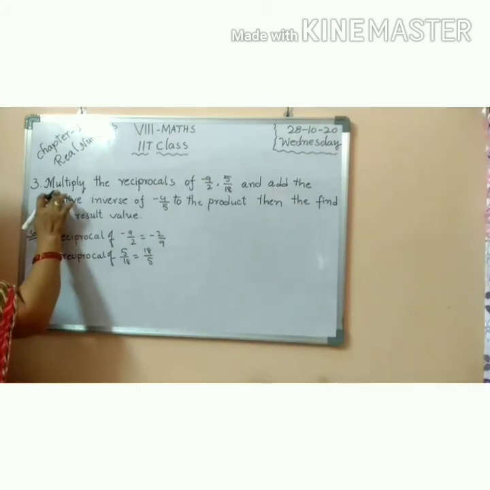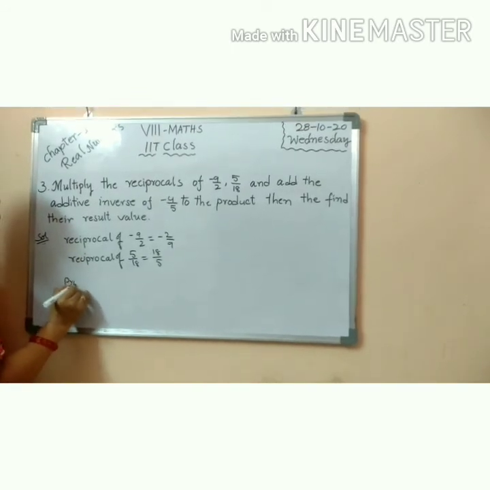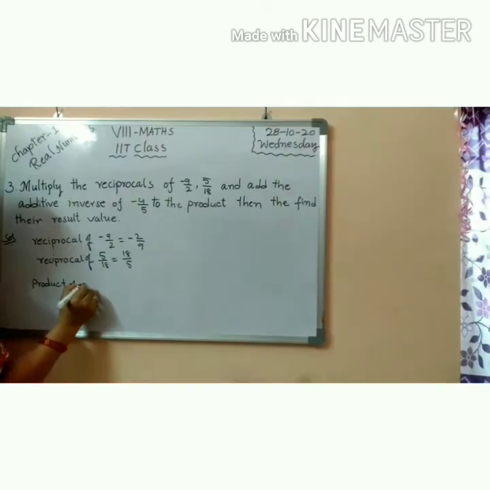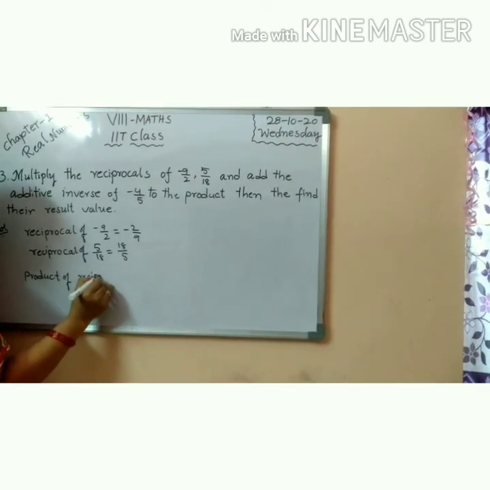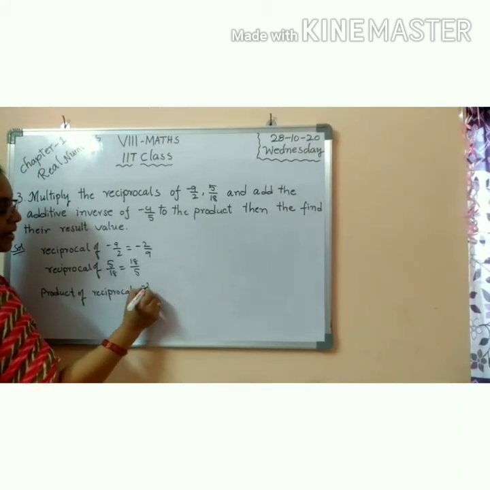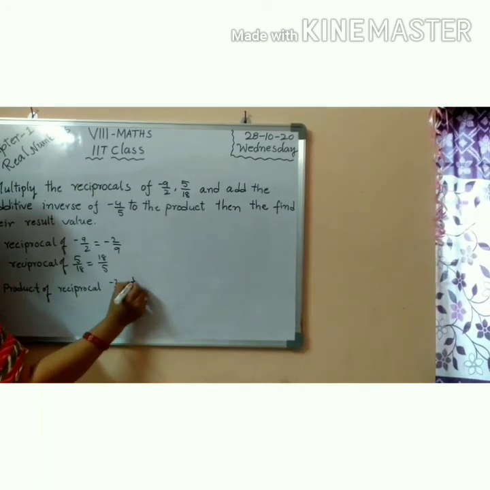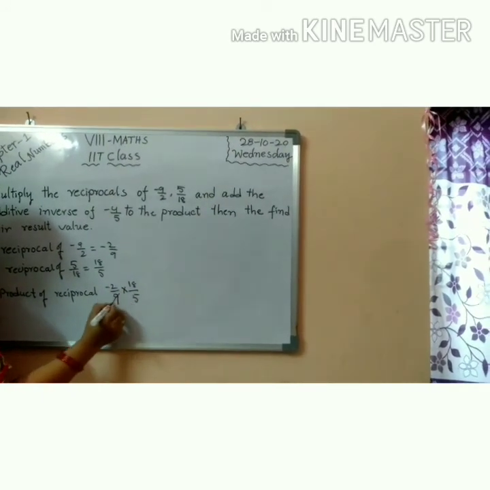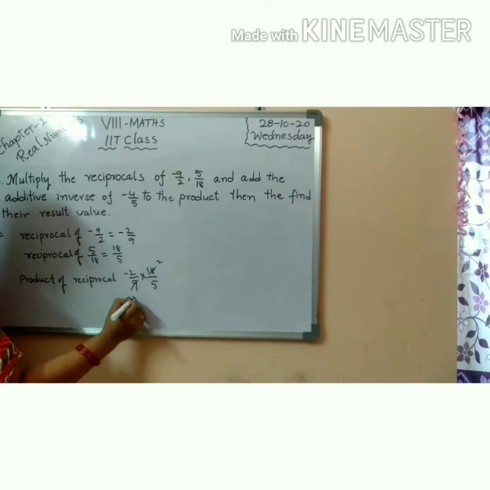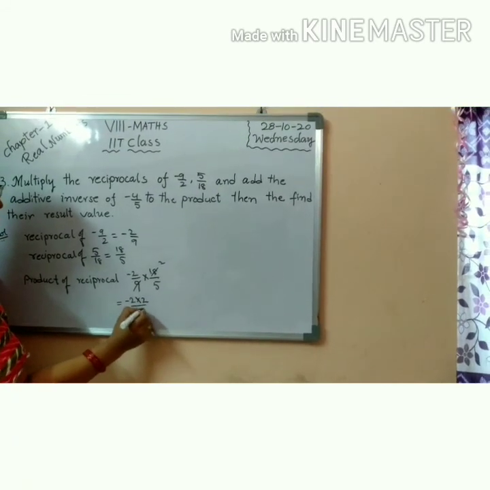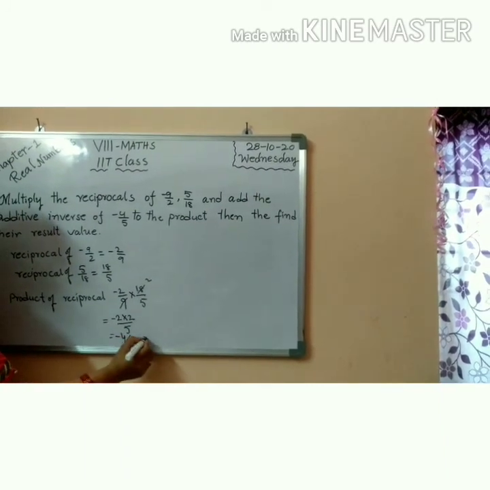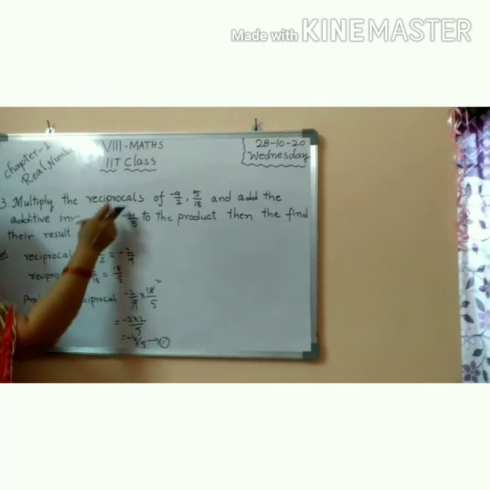Then first we multiply, the product of the reciprocals: 2 by 9 into 18 by 5. Here 9 goes into 18 two times, 9 2s are 18. So here 2 into 2 by 5, so 4 by 5. It is part 1, it is equation 1. So it is the multiplication of the reciprocals.